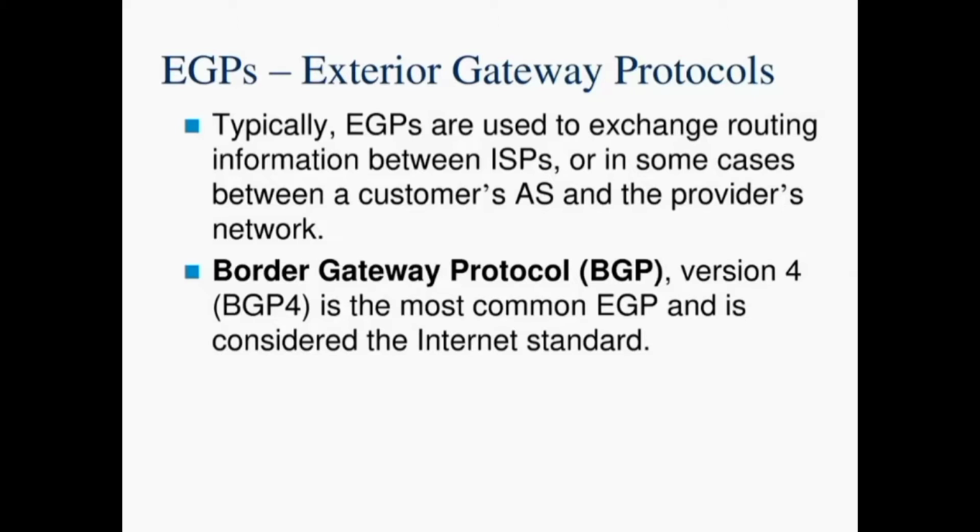The replacement for EGP is the Border Gateway Protocol, BGP, which is in its fourth version. BGP is often regarded as one of the more complex parts of the internet.